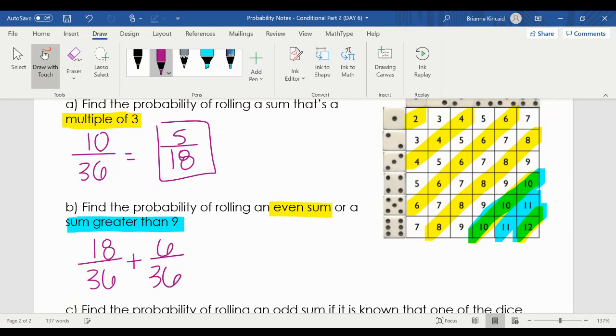Now what you should notice here is that I no longer have just yellow and blue highlighted. I also have this green area, which means I've counted those numbers twice because they are even and greater than 9. So you want to make sure you subtract those 4 numbers that are highlighted in green because this is an example of overlapping events, which reduces down to 5 over 9.